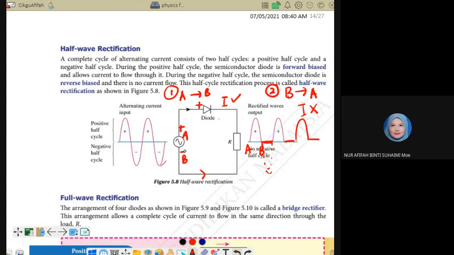And then from B to A, it becomes a reverse bias circuit, so there's no current flow. So no graph, no current, so 0. Current is 0 here, voltage is 0. That one is half wave rectification.